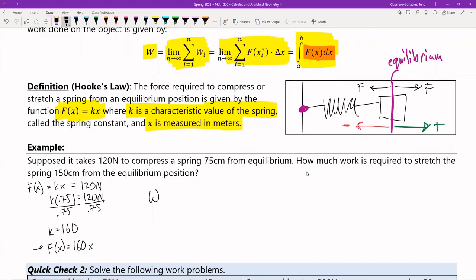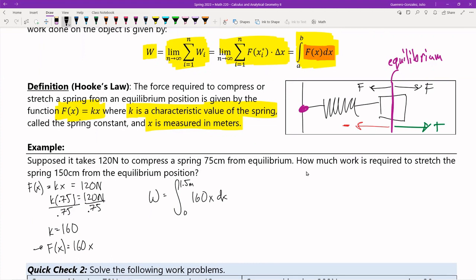So we have our force equation, it's 160x, and we need to stretch the spring 150 centimeters. So this is going to be equal to the integral, and this is where we have to keep in mind X is measured in meters. So it's going to be 0 to 1.5 meters. That's 150 centimeters. Of 160 X dx. This is the amount of work that we need to do. At least we set it up as an integral.